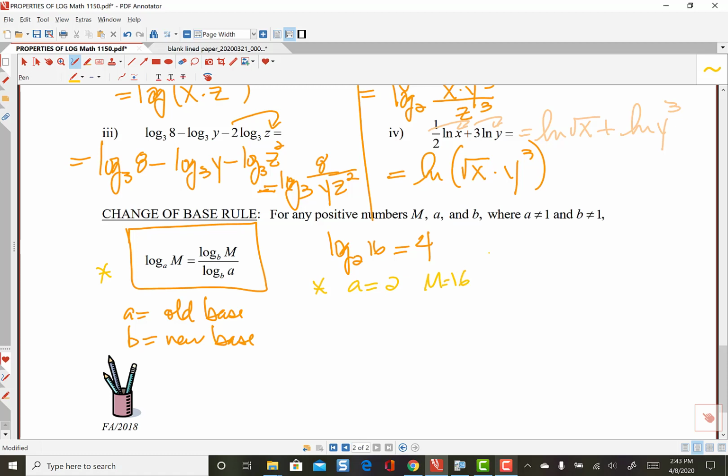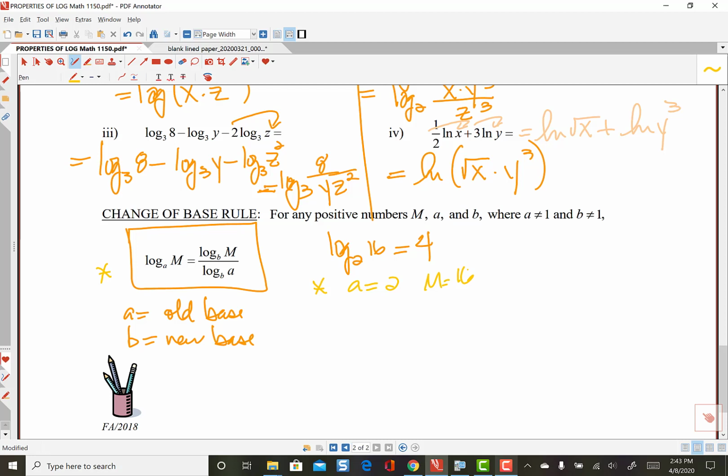So what we want to do is change to a base that we can work with, for instance something on our calculator, either base 10 or a natural log. Let's say we use base 10, because I know you folks like base 10 better than the natural log.